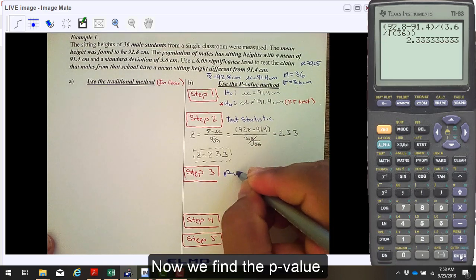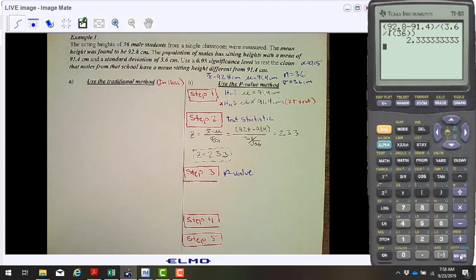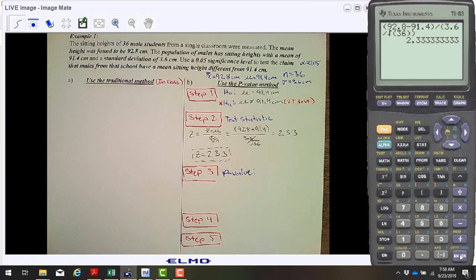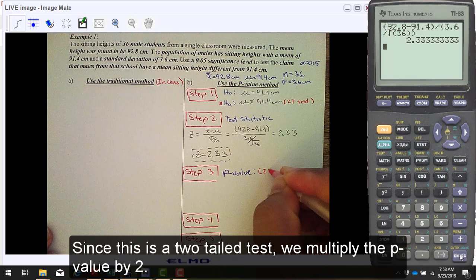Now we find the p-value. Since this is a two-tailed test, we multiply the p-value by 2.